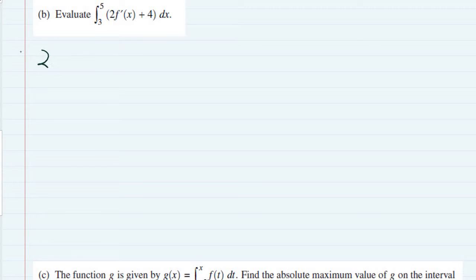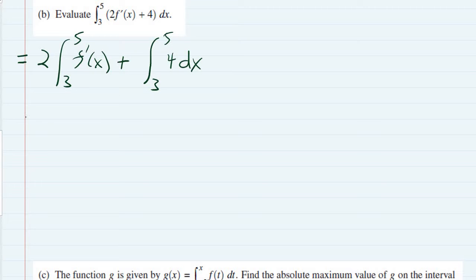So I'm going to say that this thing I'm trying to find is equal to 2 times the integral from 3 to 5 of f prime of x, plus the integral from 3 to 5 of 4 dx. Okay, well, what is the integral from 3 to 5 of f prime of x dx?